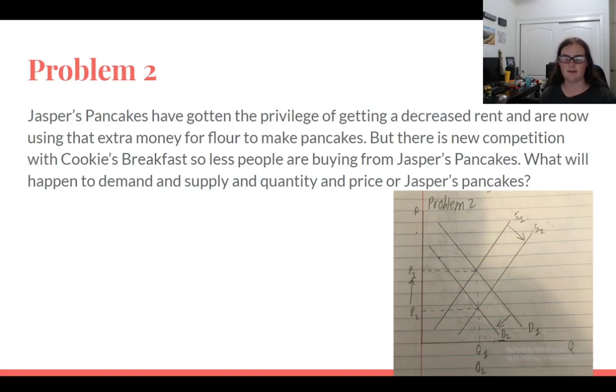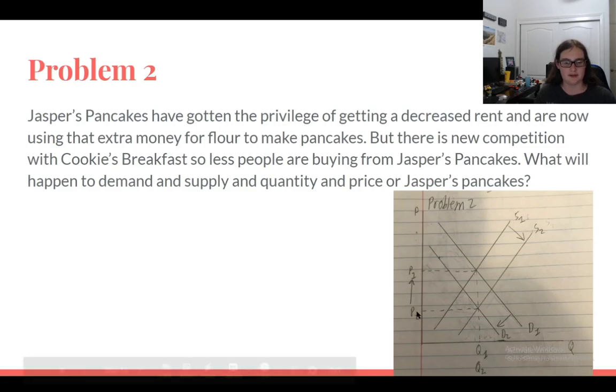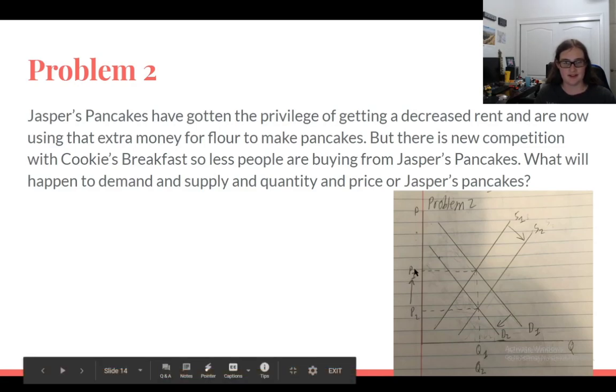So, for this graph, because Jasper's Pancakes had the decreased rent and they can buy more flour to make their pancakes, their supply will increase, as you see on the graph, but because of the new competition, their demand will decrease. So that makes quantity stay the same. For the way I drew it, the quantity stayed the same, and the price increased.